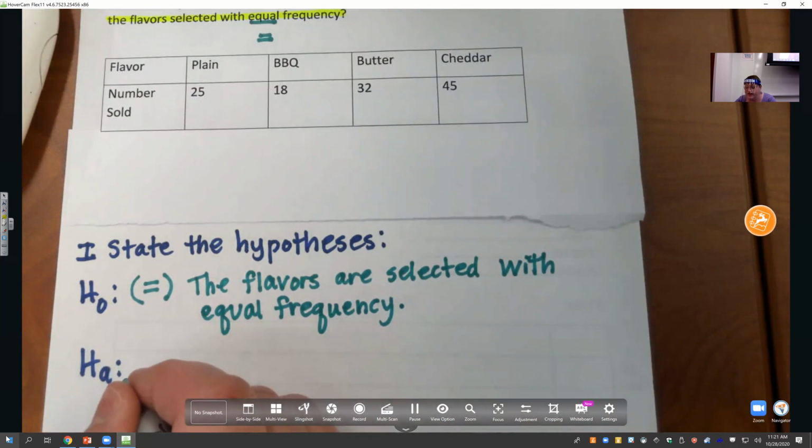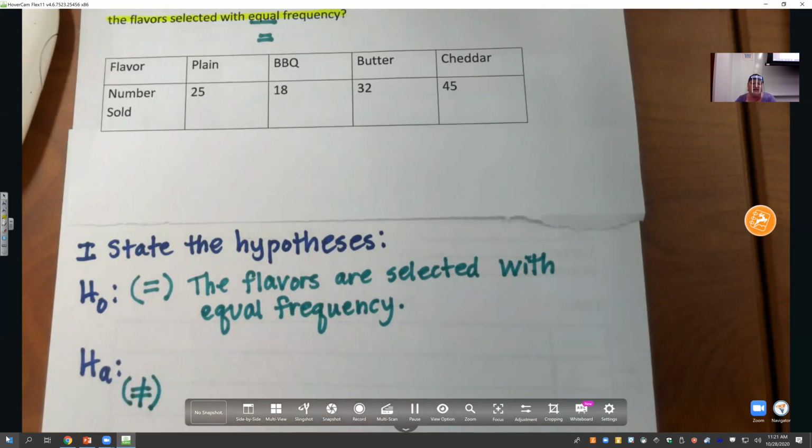Okay, now here's where it gets a little tricky, because the alternative is going to indicate that they're not all selected with equal frequency. But here's the question, guys. How many would have to be different in order for them not to all be equal?